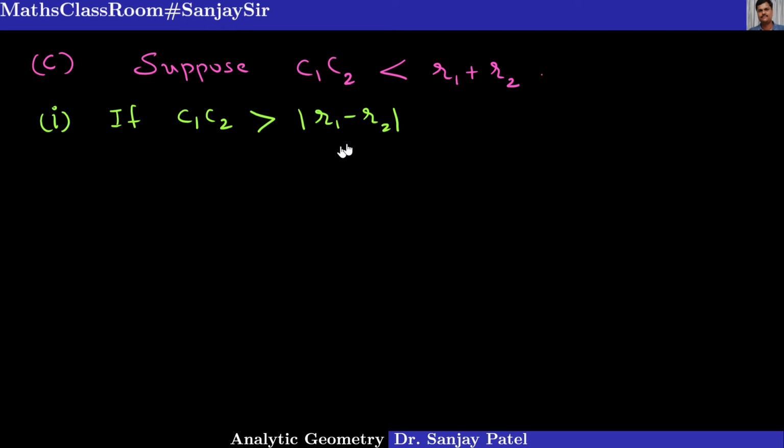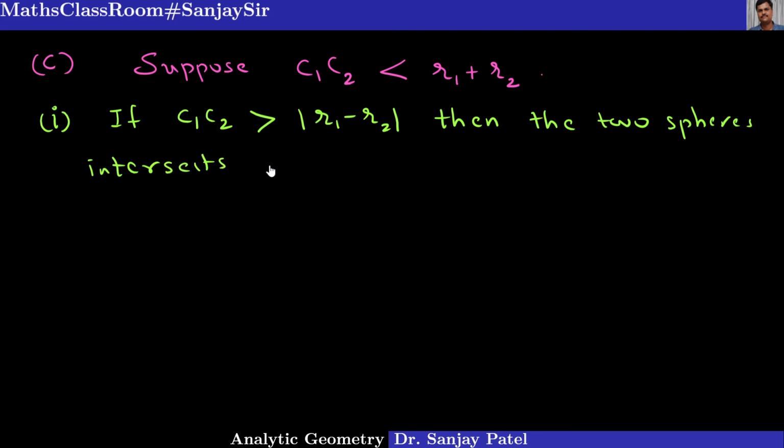So we take the absolute difference between the radii, and if the distance is greater than this, then the two spheres S1 and S2 intersect each other in a circle.